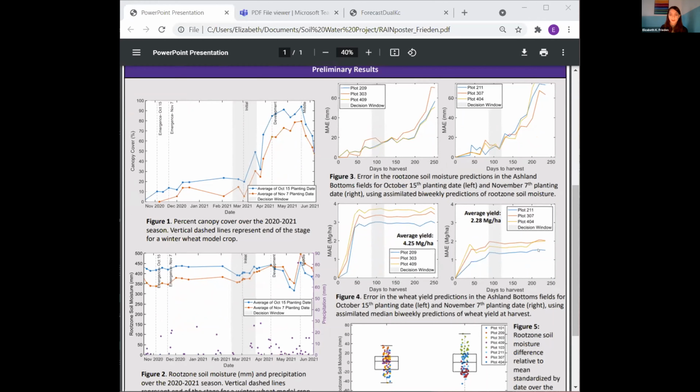You'll see that the error in the wheat yield is pretty steady over the course of the season for both planting dates until about 50 days before harvest, which isn't until April or early May. So this is after the decision window. We would want to do some further calibration to see if we can lessen the mean absolute error for the wheat yield earlier in the season, which might involve relooking at some of the parameters above, like this field capacity.